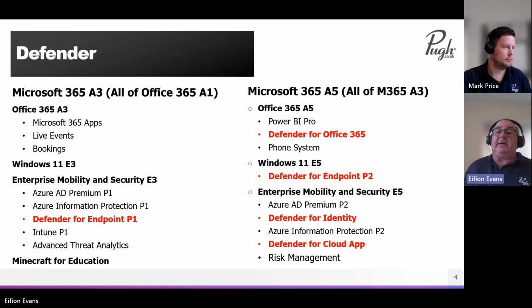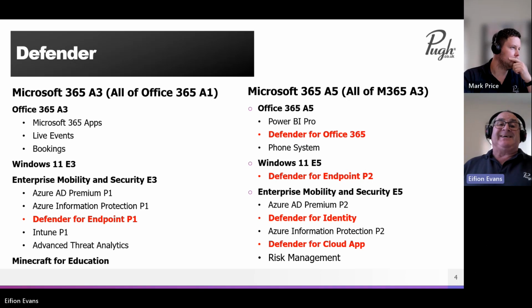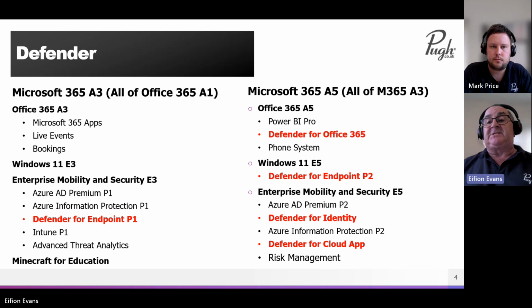Next, we've got Defender. So some of you will have used some or all of the Defender products. Now, Defender is Microsoft branding for its security products. So it's a suite of products and not a single product. Now, A3 includes Exchange Online Protection.